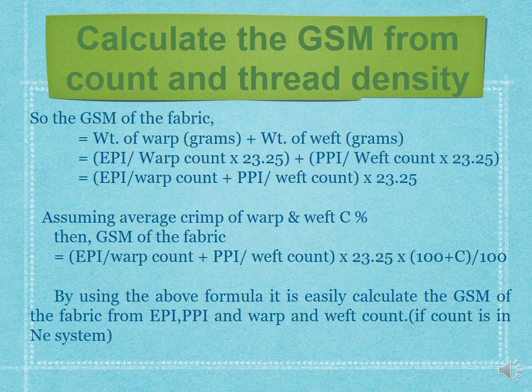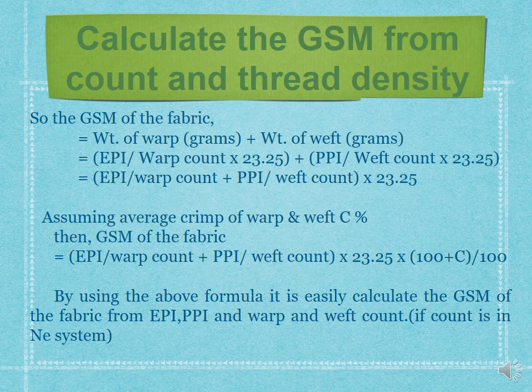From these two derivations we get EPI upon warp count into 23.25 plus picks per inch upon weft count into 23.25. By taking 23.25 in common, we get the formula: EPI upon warp count plus PPI upon weft count, within bracket, into 23.25.